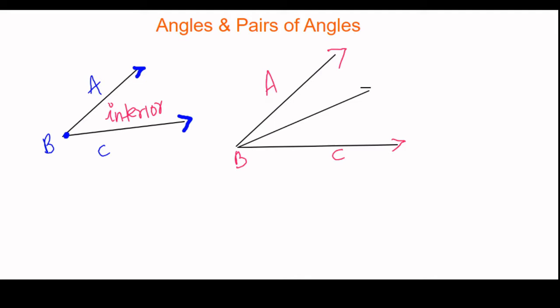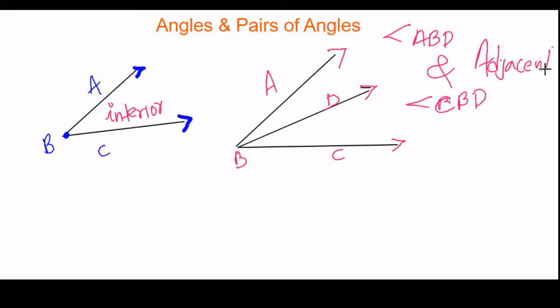That ray which we have just drawn in between, which can be named as BD in this case, is a common arm shared by these two angles, and thus these two angles become adjacent angles. That means angle ABD and DBC can be named as adjacent angles. So they are a pair of angles having a common arm.